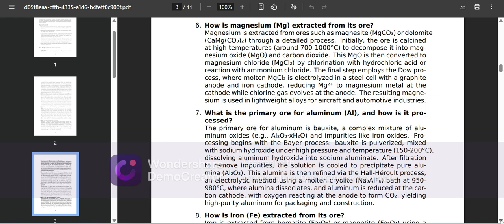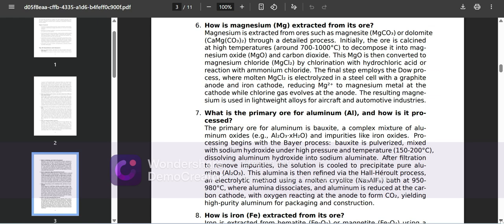Magnesium is extracted from ores such as magnesite, MgCO3, or dolomite, CaMg(CO3)2, through a detailed process. Initially, the ore is calcined at high temperatures, around 700 to 1000 degrees Celsius, to decompose it into magnesium oxide and carbon dioxide.